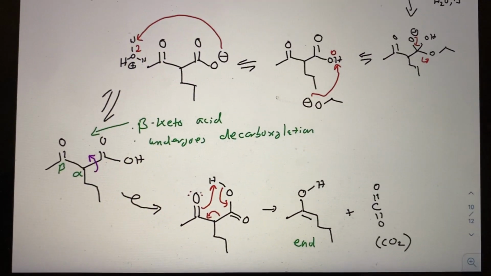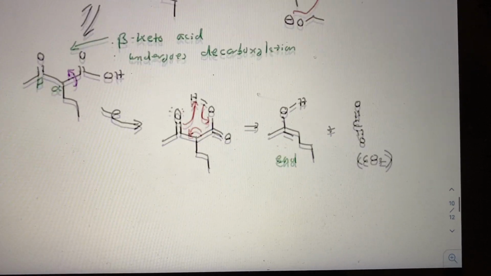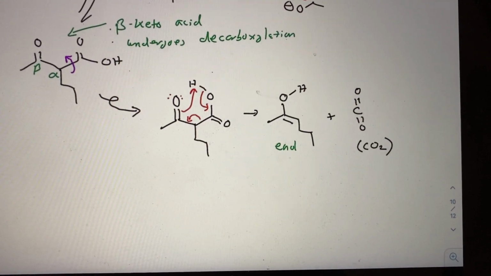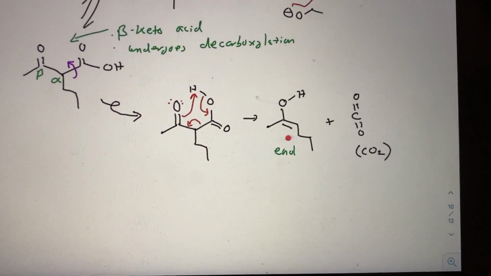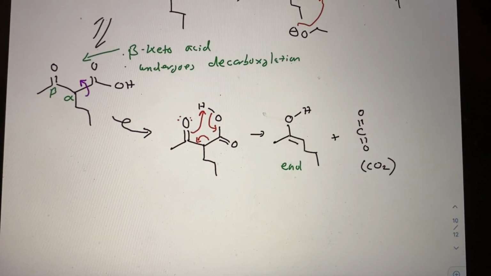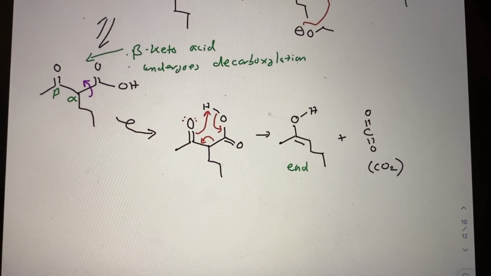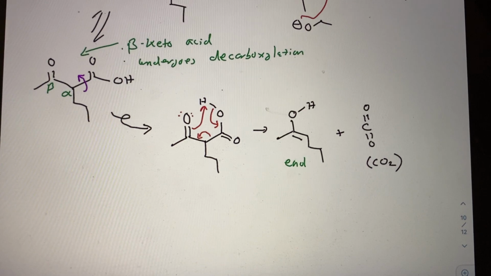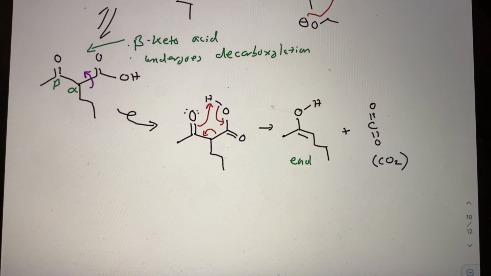So on the last step, since we're under acidic conditions, we can actually have this enol tautomerize to form the tautomer, the keto form.